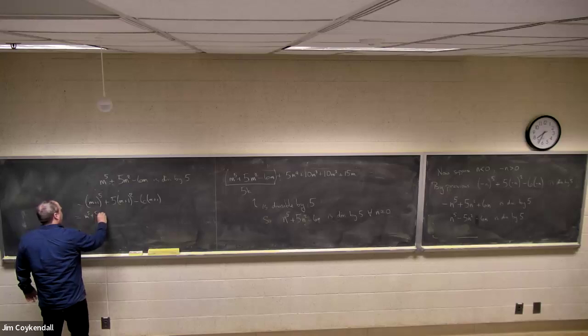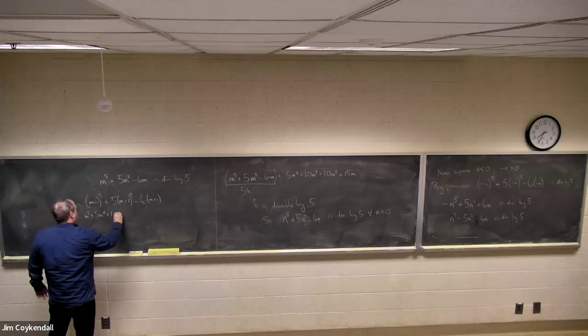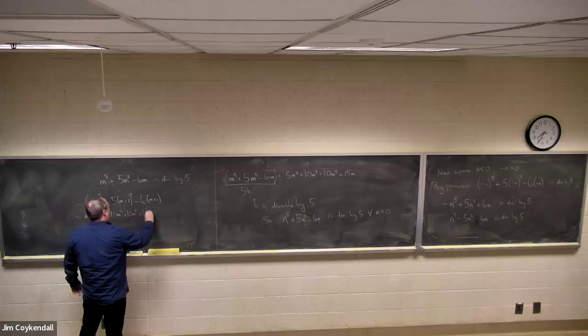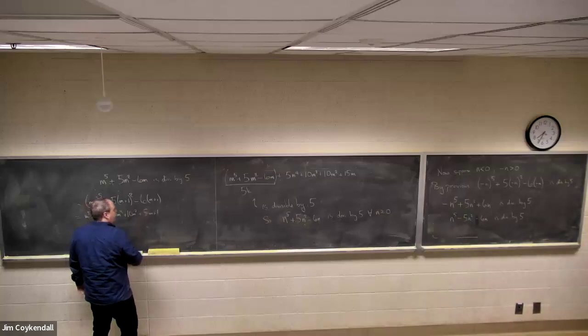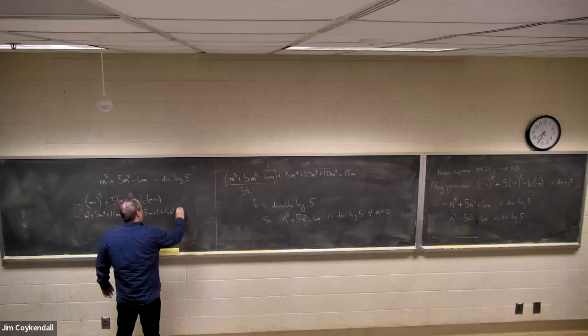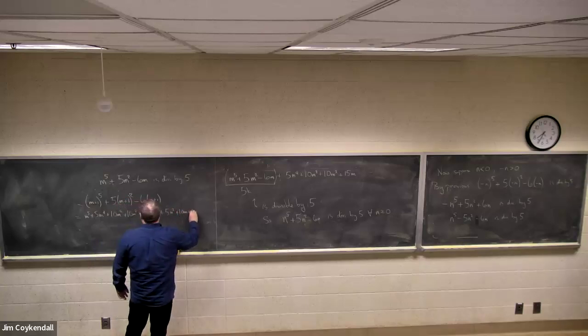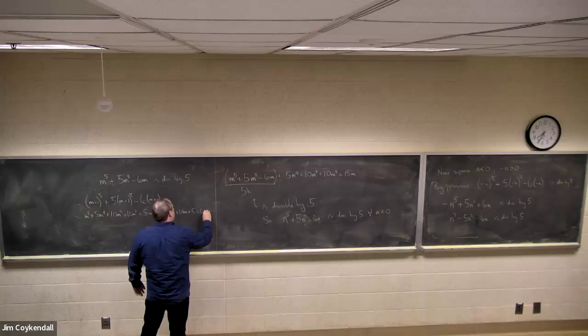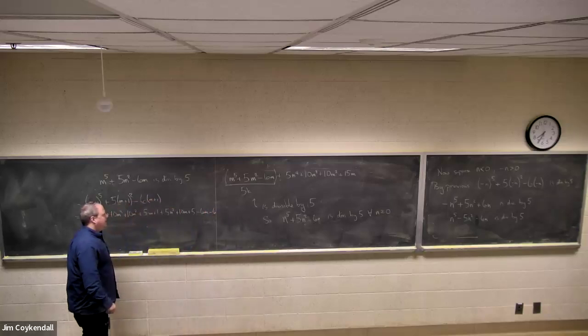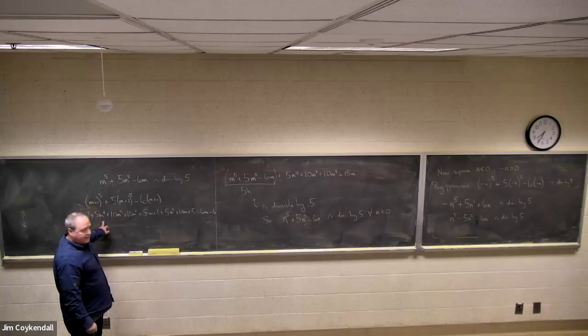Five m to the fourth plus 10 m cubed plus 10 m squared plus 5 m plus 1, plus 5 m squared plus 10 m plus 5, minus 6 m minus 6. Right? That's what I got there.